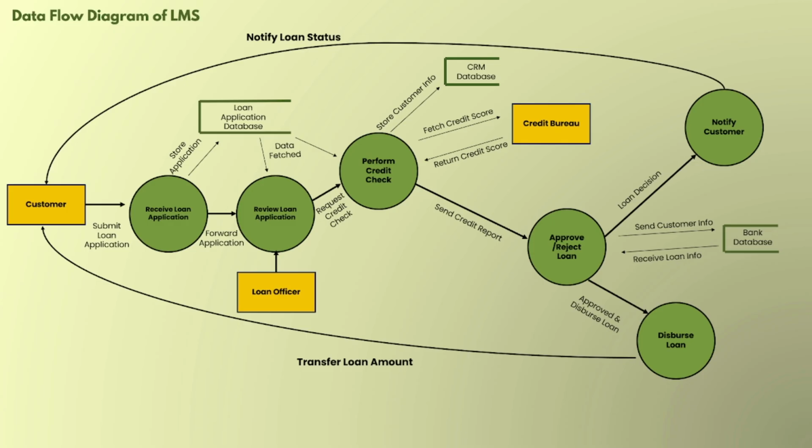So overall, it shows the flow of data from one process to another, and it also helps us understand how data is fetched to complete any process in the loan management system. So I guess now it is pretty much clear to you what a data flow diagram is, and we have seen the example for the loan management system as well. So it makes quite a clearer picture for you now.